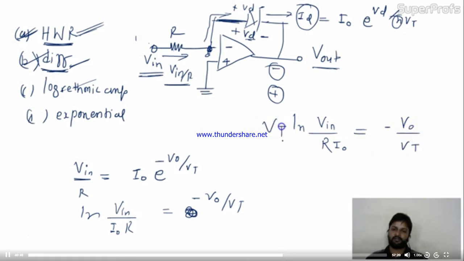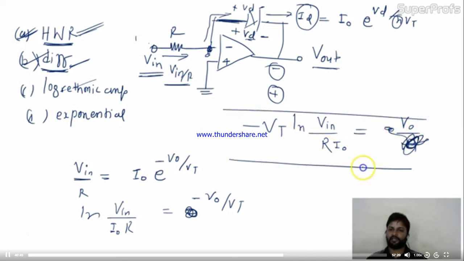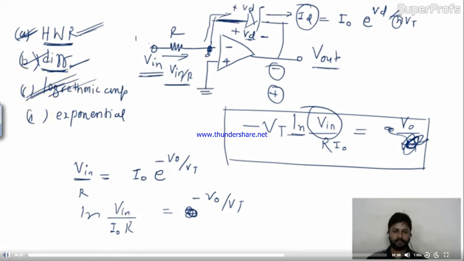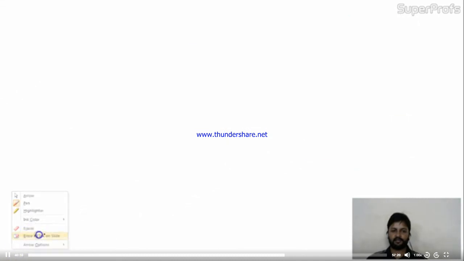This Vt will come to this side, this minus will come to this side, and this side we will remain with V naught only. So your output is nothing but, you can see over here, the logarithm of the input. So this is the logarithmic amplifier. Is it okay, friends? So let me take the next question.